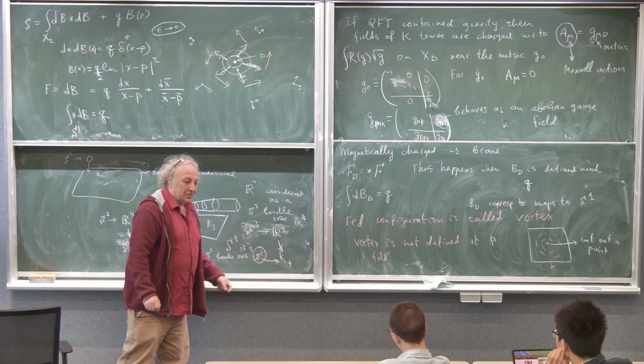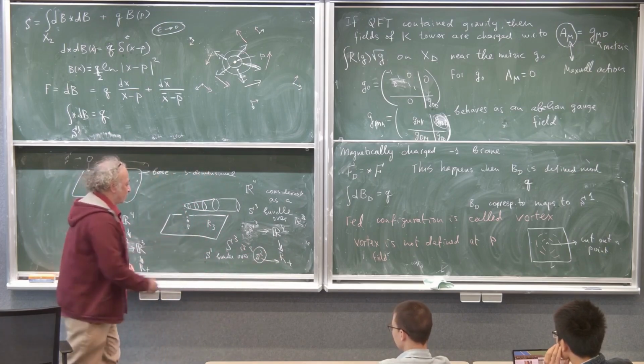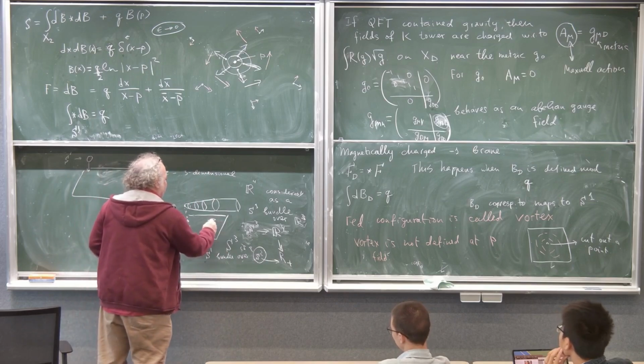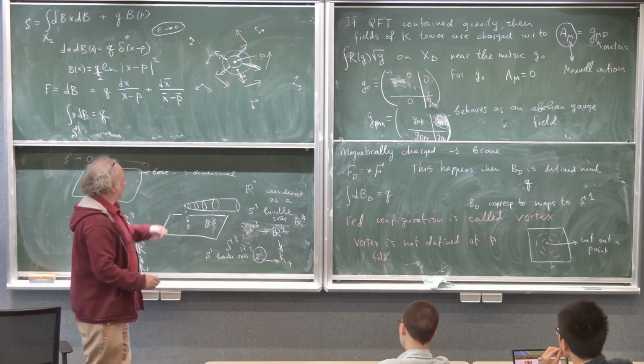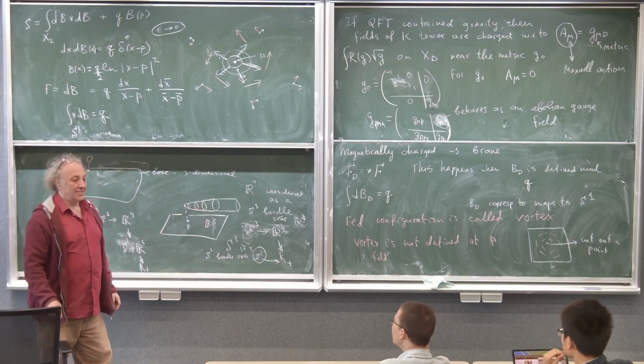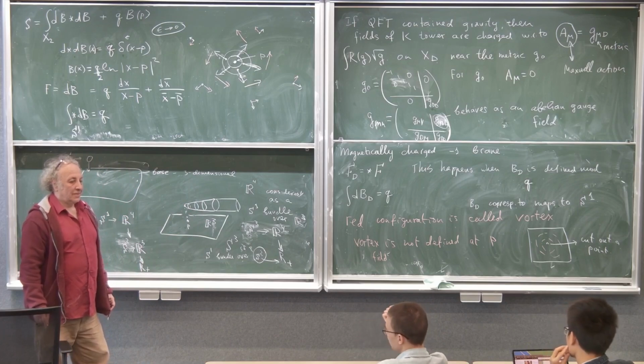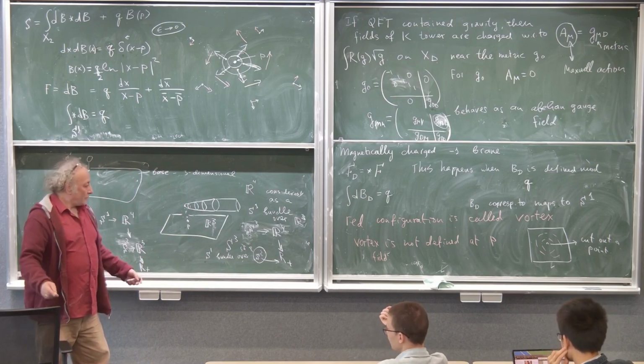I put S2 here to get R3. And I'm getting this fibration. Or you may just believe me that it looks like this. But isn't R plus times S2 also R3 with a removed point? You compactify.